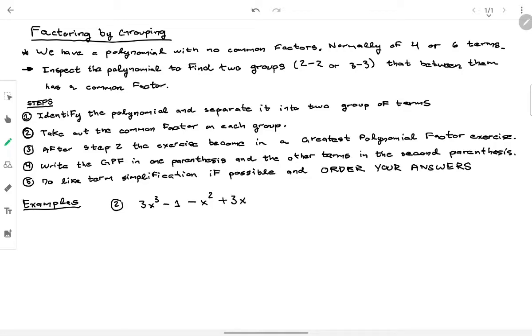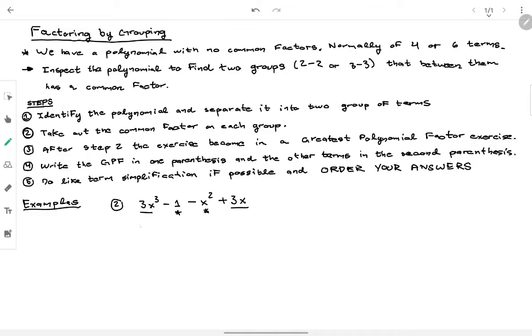So let's see this second exercise. Another time we have 4 terms that don't have anything common for all 4 of them. So in this case, I need to group them. You can group them however you want, looking for common factors. In this case, I will select those that have 3 and those that do not have 3.